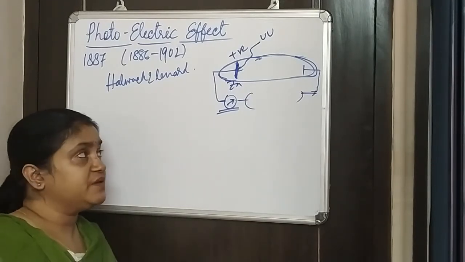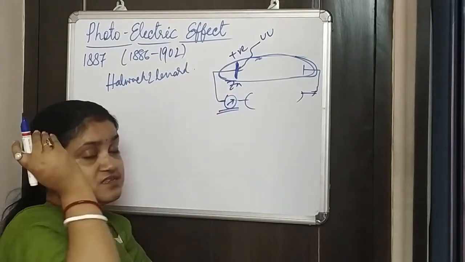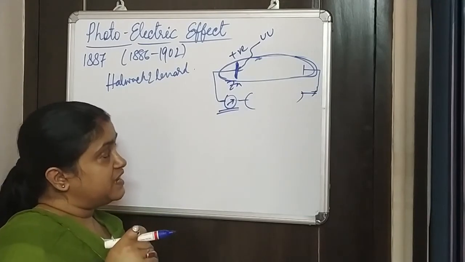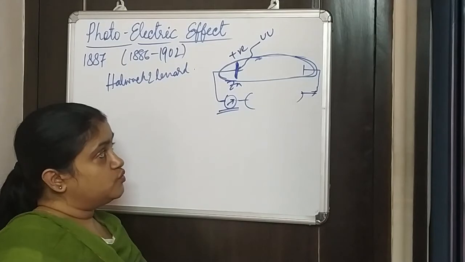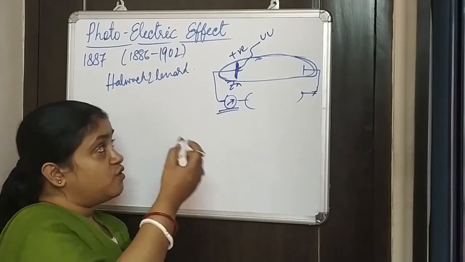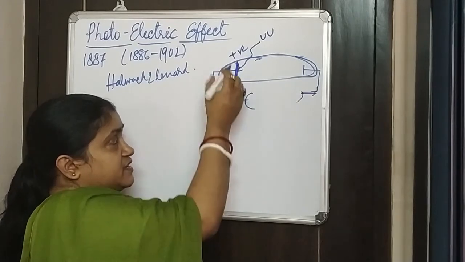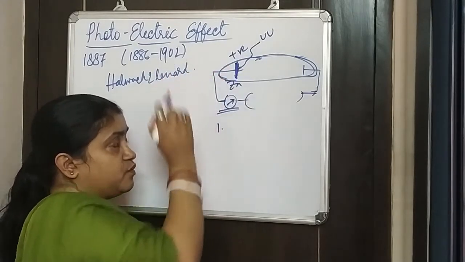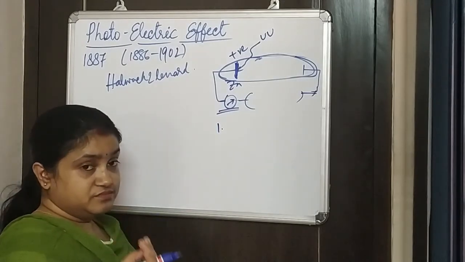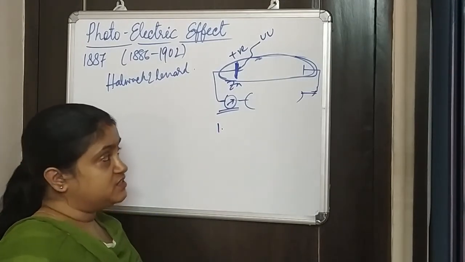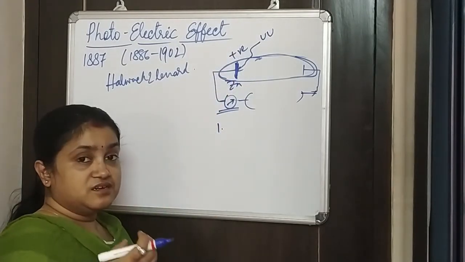At that point of time they just knew one thing: if certain metals are exposed to UV light, they produce a certain amount of current, and this current depends on certain things. First, if you provide a voltage, then there is current.